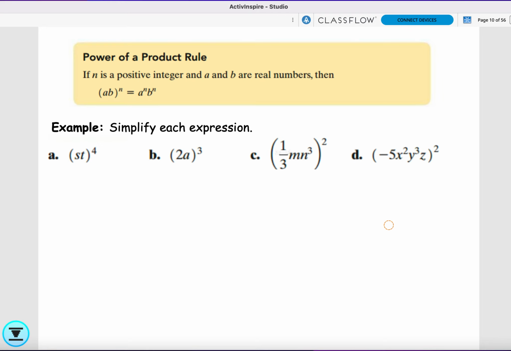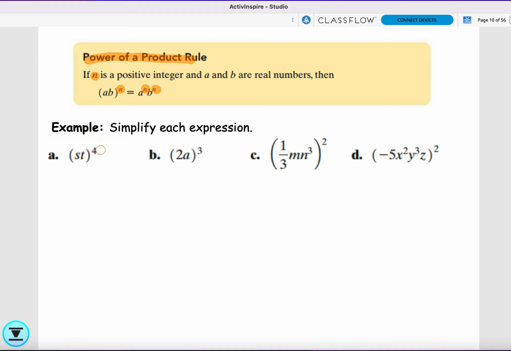So now the power of a product rule. What does that mean? If n is a positive integer and a and b are real numbers, then if we have a times b to the n power, the exponent gets distributed to everything inside the parentheses.